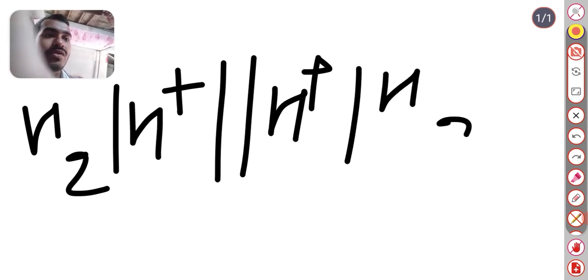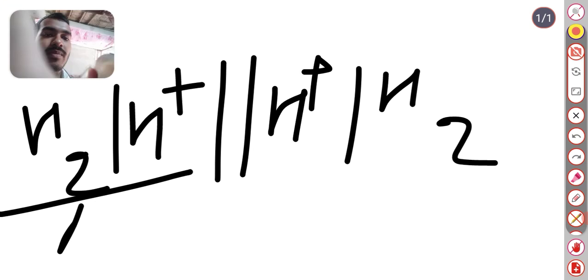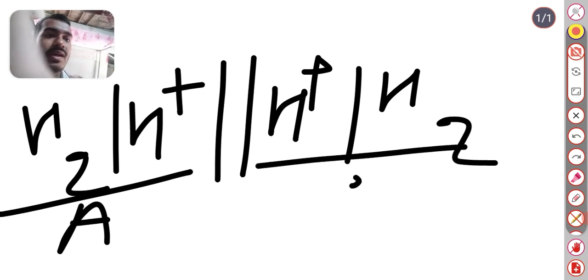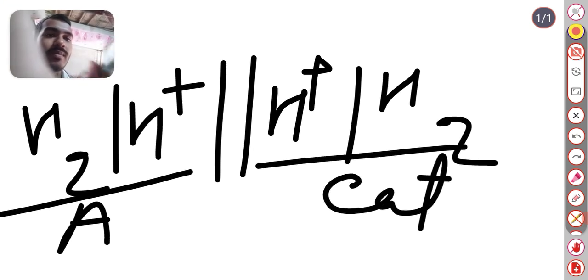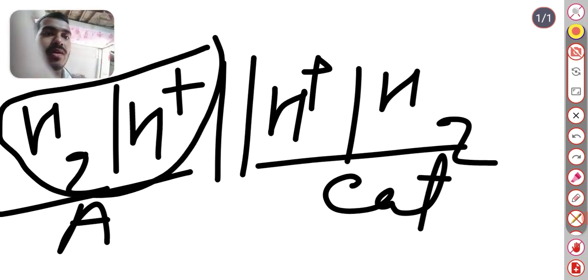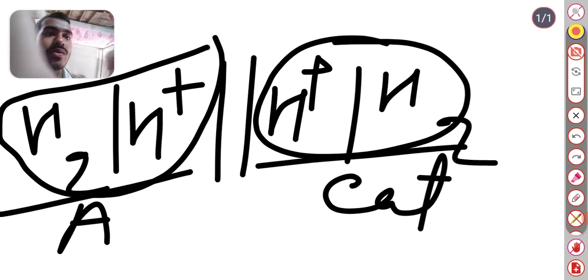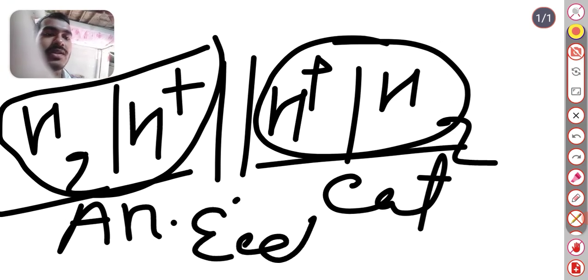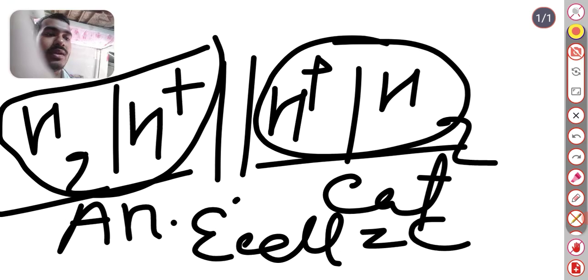This is the anodic part, and this is the cathodic part, but the same element. Anode is also the same, and the cathode is also the same. That is the same concentration. So that will be the cell value is also 0.